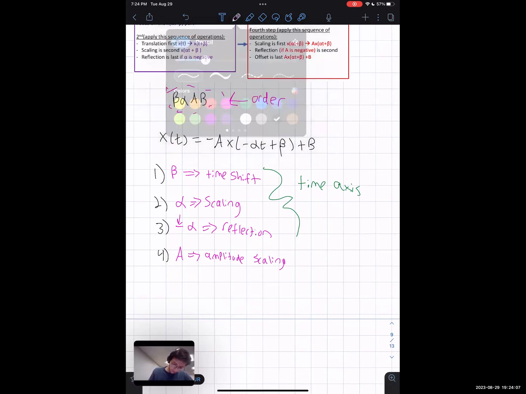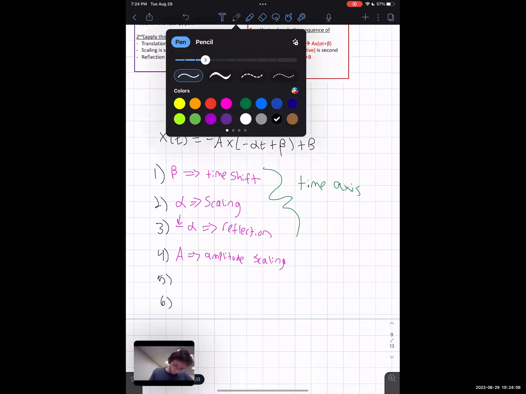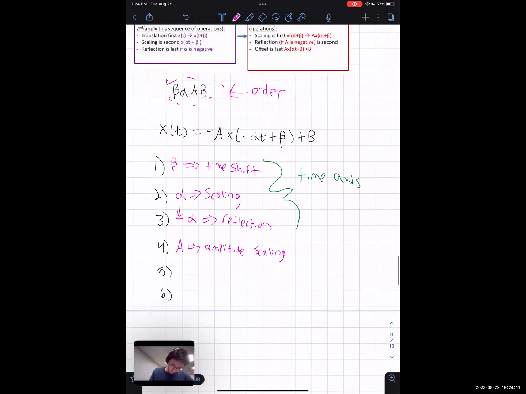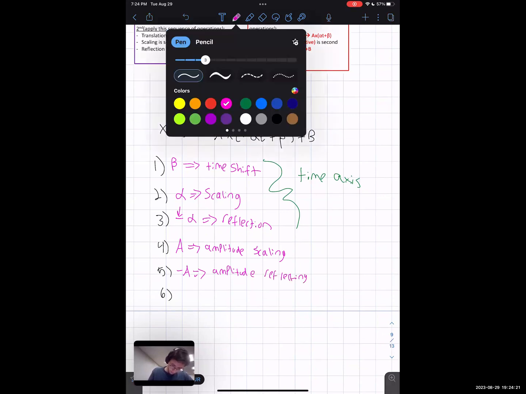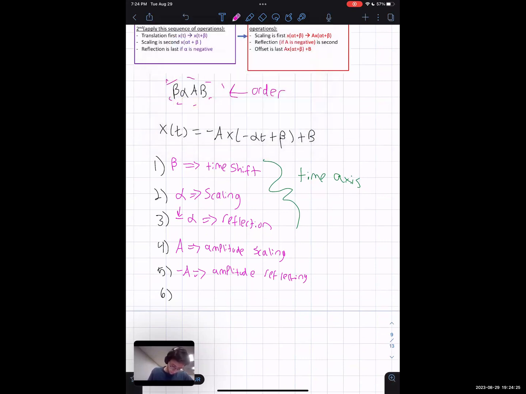Then we're going to go into amplitude reflecting. And then we're going to do the offset last. Okay, so I know that was a lot. And this is also known as DC offset, by the way. DC offset.